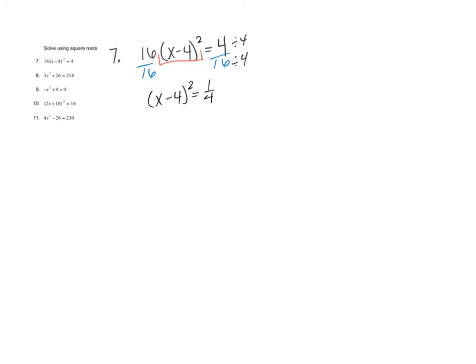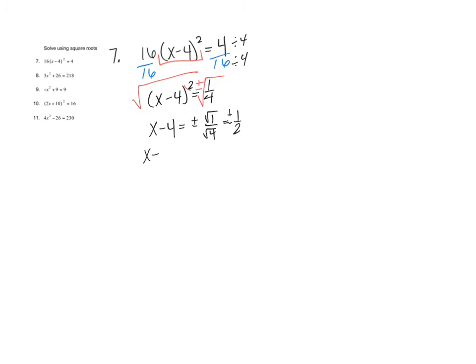Now I want to get rid of the square by taking the square root. And when I take the square root of both sides, I have plus or minus on the right side because any number that's positive squared is positive, but a negative squared is also positive. So I end up with x minus 4 equals plus or minus the square root of 1 over the square root of 4, and that is just 1/2.